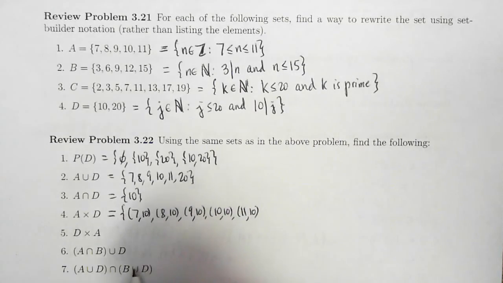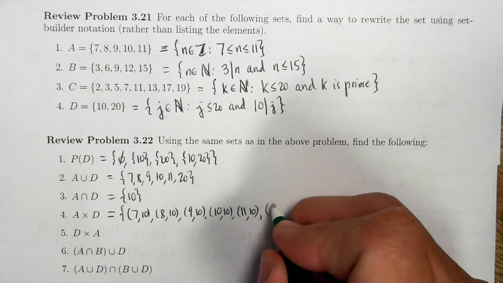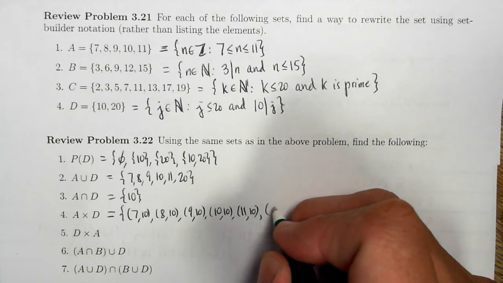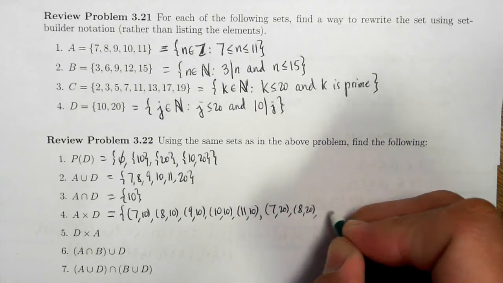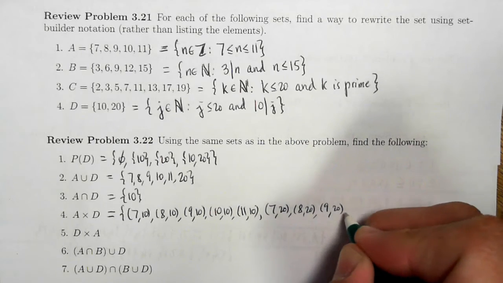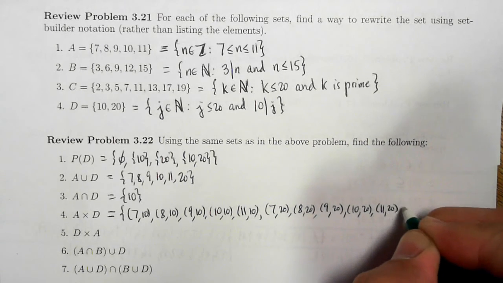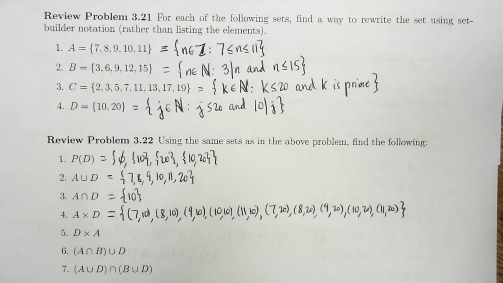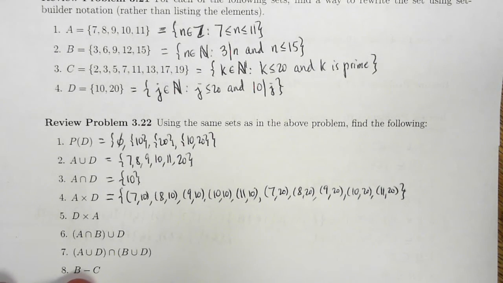So that's the first 5 ordered pairs. Then the next ordered pairs with 20 as the second value: (7, 20), (8, 20), (9, 20), (10, 20), and (11, 20). And so this set of 10 ordered pairs would be the Cartesian product A cross D.